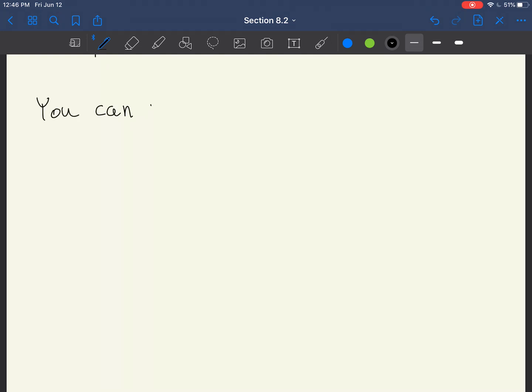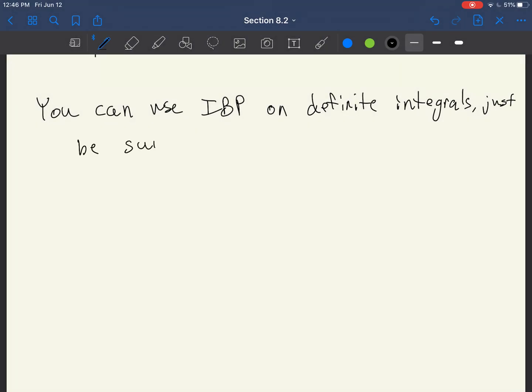Okay, so everything we've done so far with integration by parts has been with indefinite integrals. But you can use integration by parts on definite integrals as long as you remember one thing. Be sure to evaluate uv also.